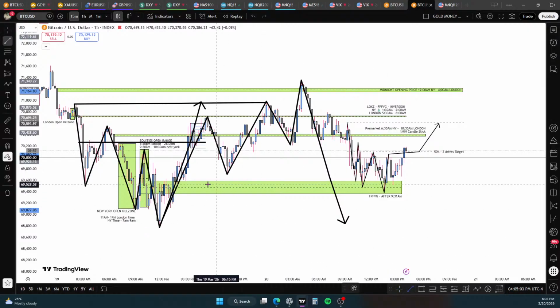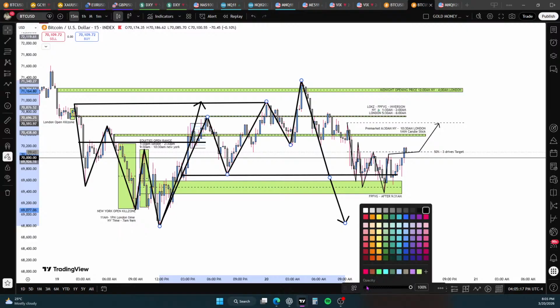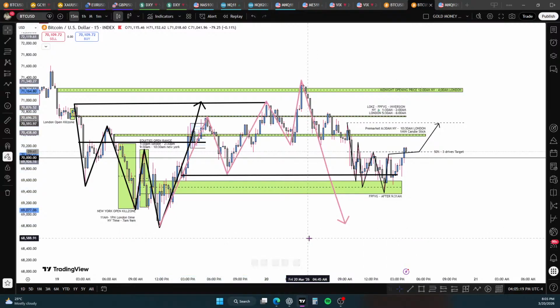So 50% of that is going to be roughly about there, and that's what was met in this. So let me change the color of this one as well. Put it in any other color. There we go. That's fine.